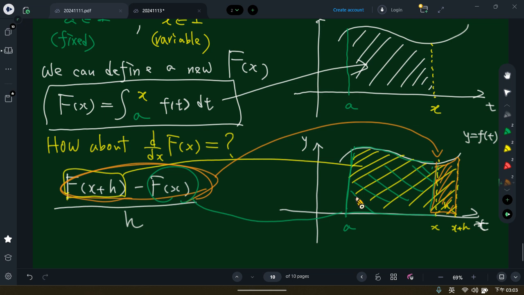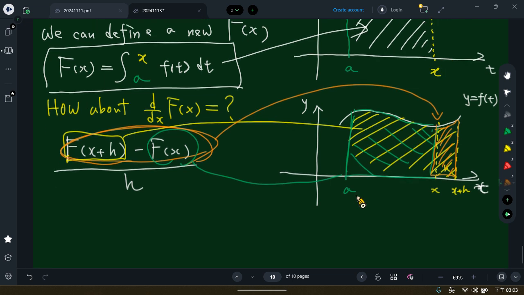Can you understand that? X plus h is from here to here. X means from a here. So the part there is just shown here, right? Okay.